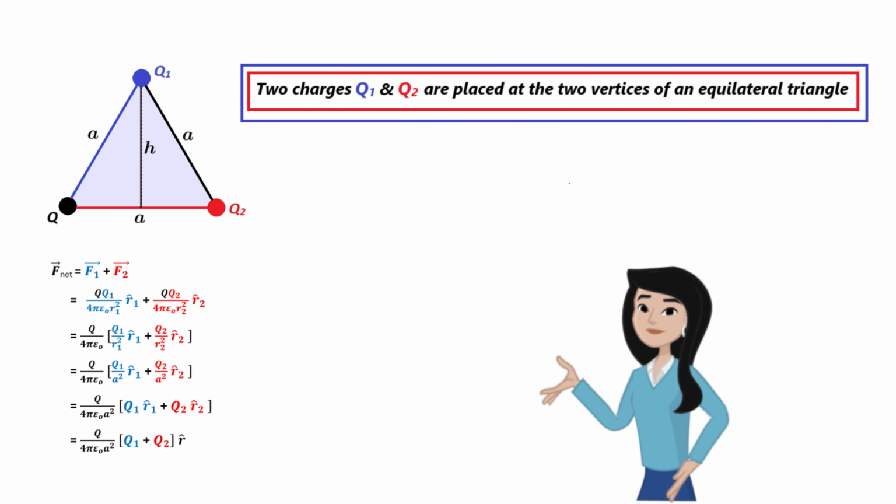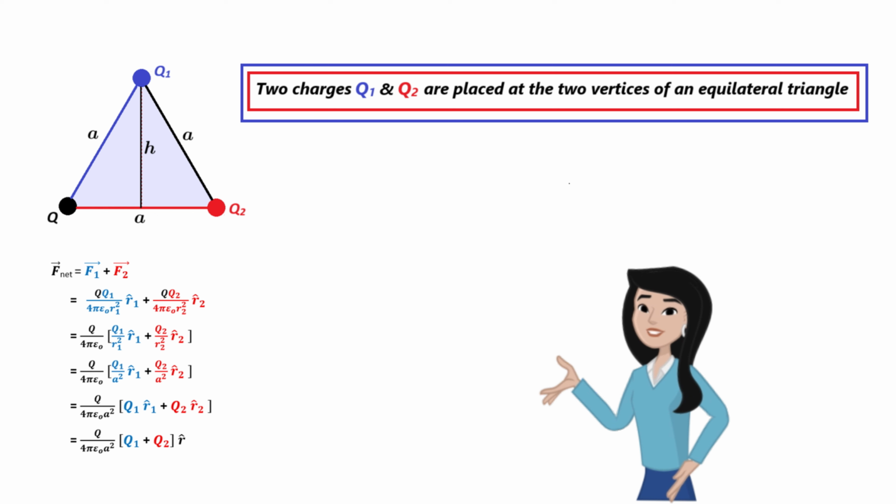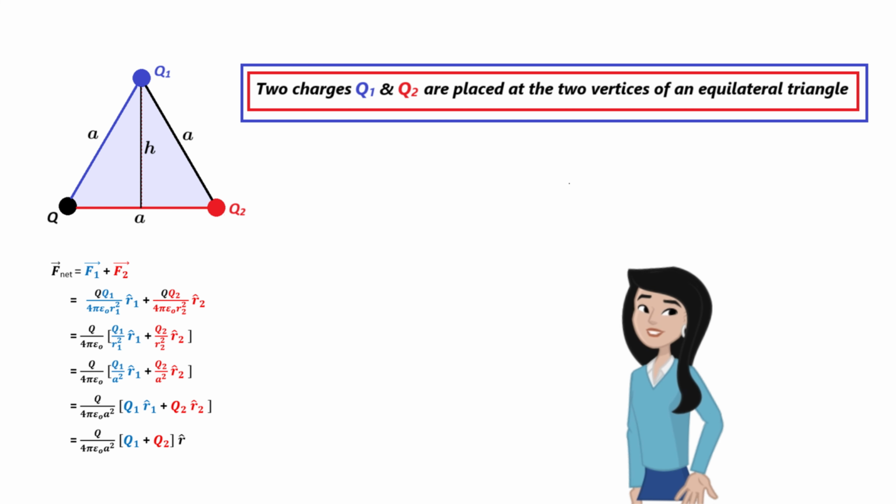Let us consider Q1 and Q2 are the two charges placed at the two vertices of an equilateral triangle whose side is denoted by A. If we place a test charge Q at the another vertex, as shown in the figure, the force experienced by it due to both the charges will be the vector sum of the individual forces.